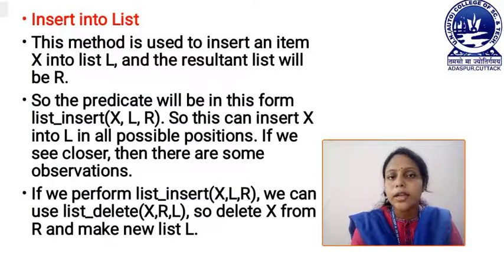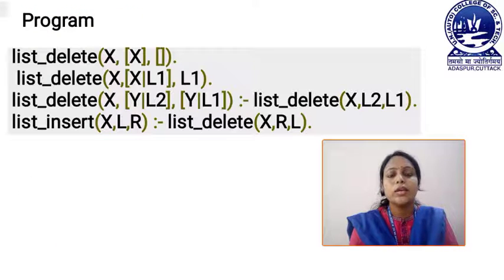After inserting that element, it produces a new list which we call R. So the predicate will be in the form list insert X, L, R. Here X is the element which we want to insert in our list L and R is the list which is produced after inserting the X element in our list L. So if we perform the list insert, that is taking the predicate list insert X, L, R, we can use the list delete X, R, L. That means in this delete operation, the X element is deleted from the R list and it produces the L list.